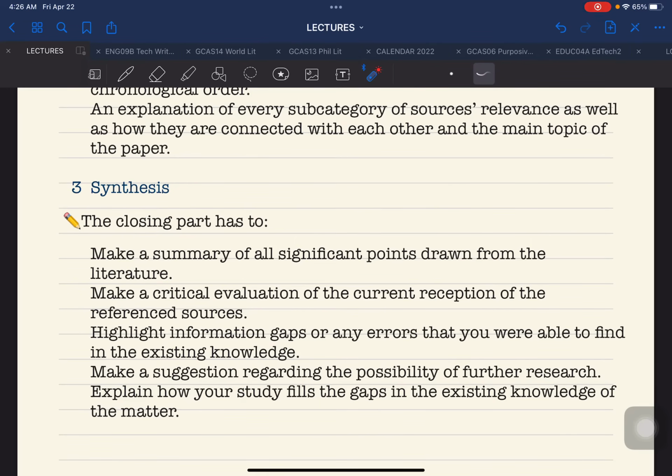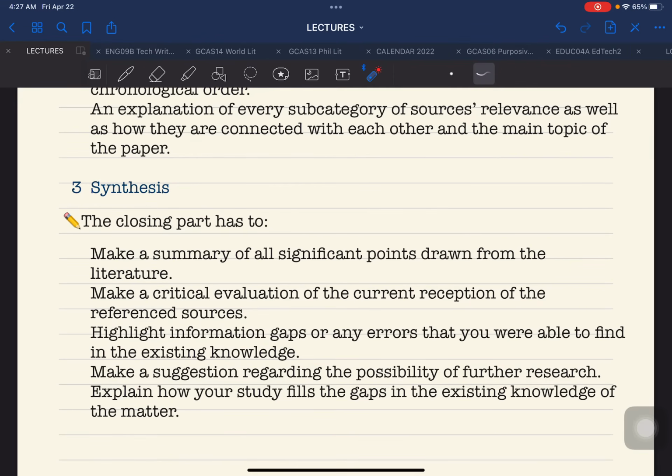So this is on the part of your literature wherein if you come across other studies that may be related to the study that you are conducting, but it is not included in the scope of your study, then by all means you can suggest this particular study for further research.